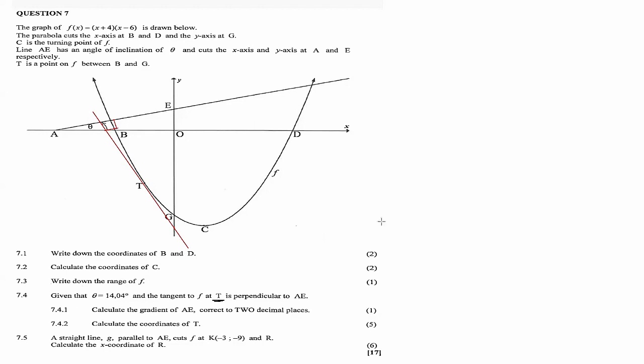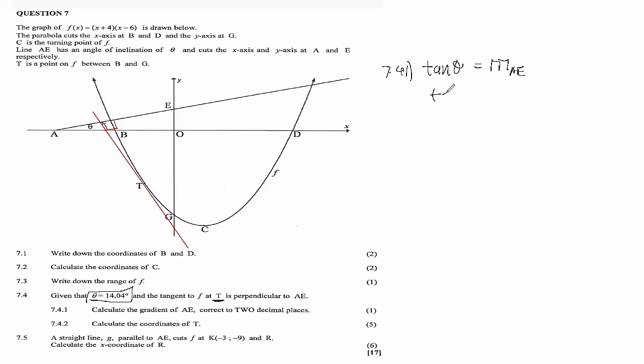Then 7.4.1 says, calculate the gradient of AE correct to 2 decimal places. We are given theta here. So in order to calculate our gradient, we have to use tan theta. We use the equation tan theta equals the gradient. So we'll say it's equal to the gradient of AE, since that's the one we are calculating.